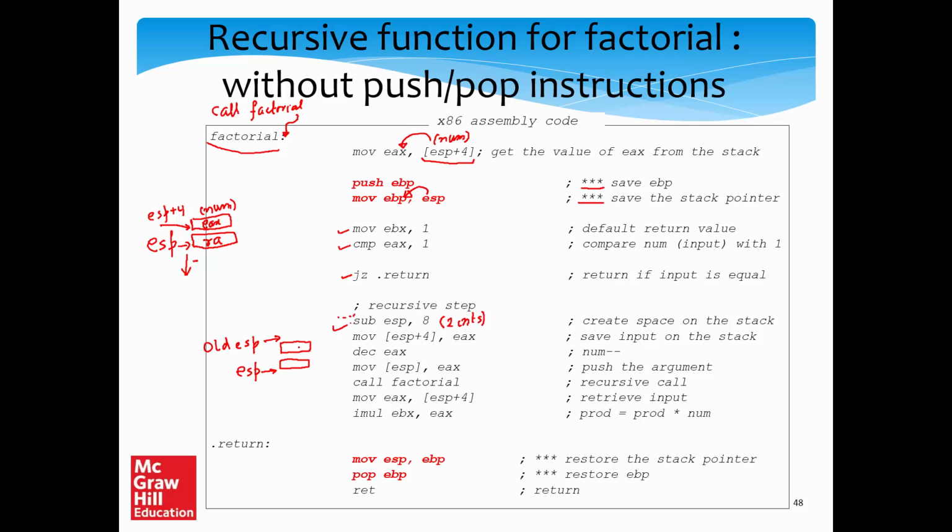If I am subtracting it by 8, a new stack pointer will point over here. So what I can do is at ESP plus 4, which is this location, let me save the value of the current number, right? And then at ESP, which is this location, let me decrement the number by 1 and save num minus 1.